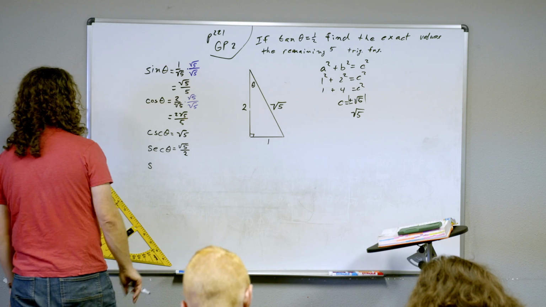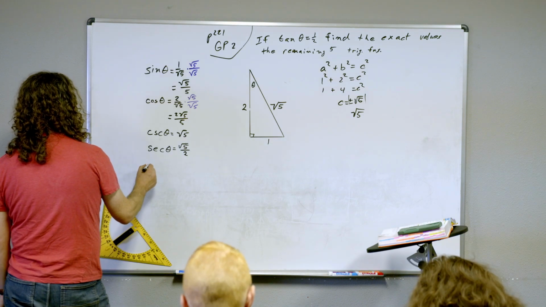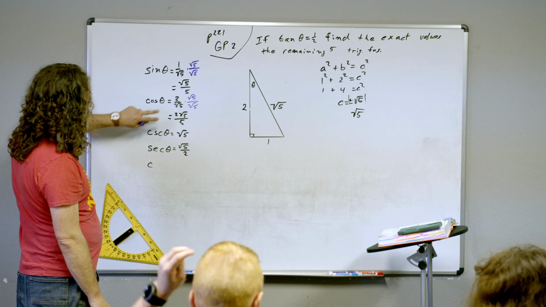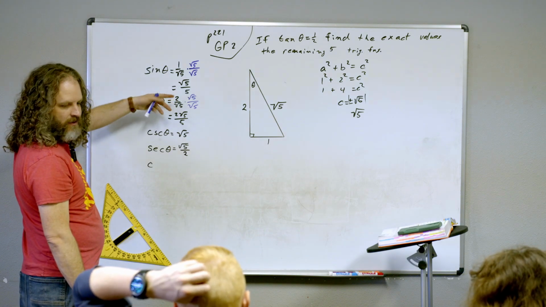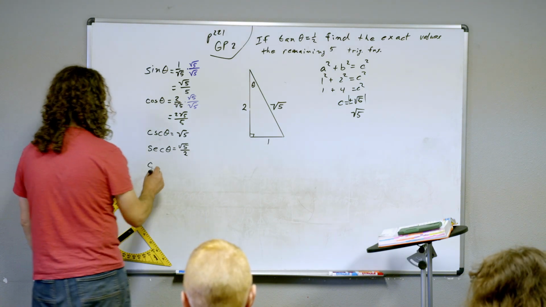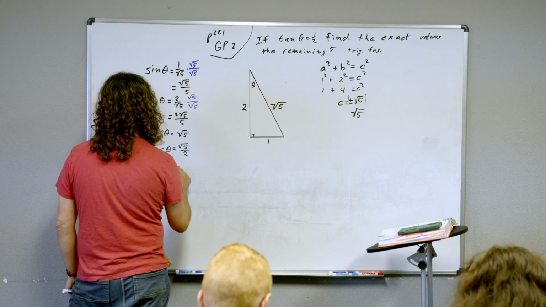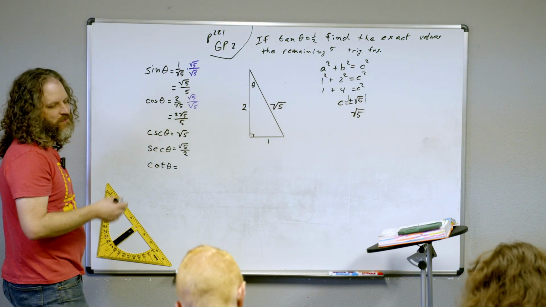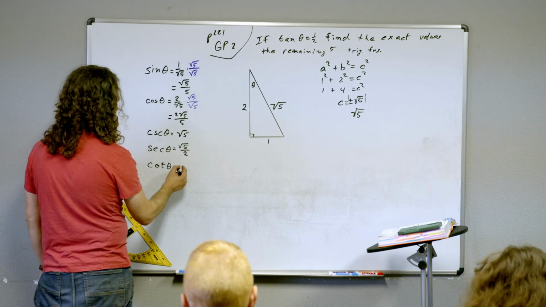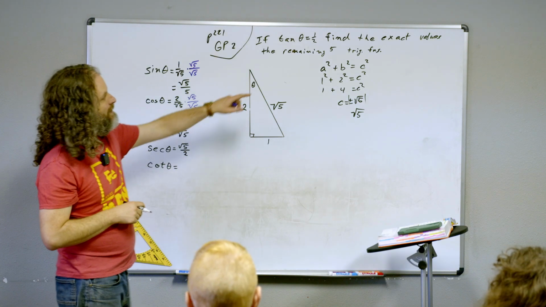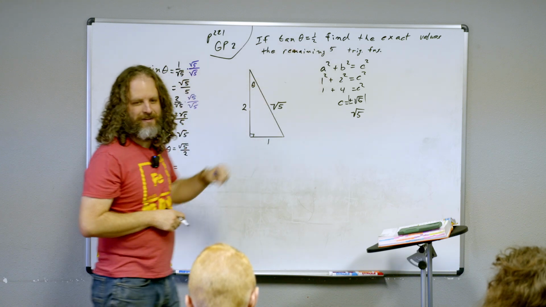I'm waiting. Square root of 5 over 2? Yeah, because secant is just cosine flipped over, yeah? Oh, yeah. I was flipping the wrong one. Gotcha. And cotangent would be what? 5 over 2 times the square root of 5. It's tangent flipped over. 2 over 1. Tangent flipped over would be 2.